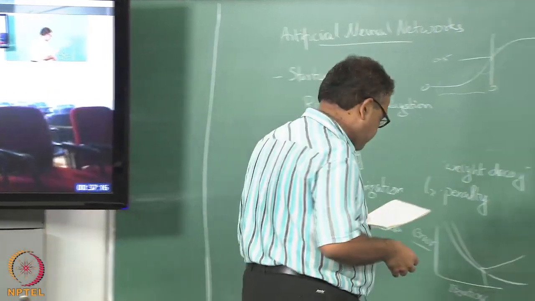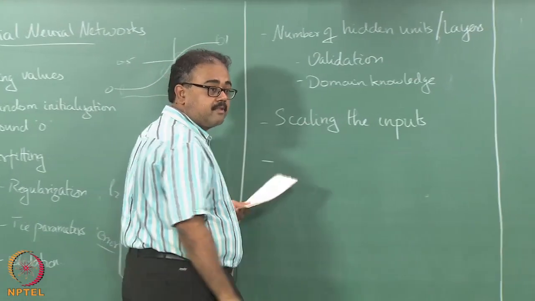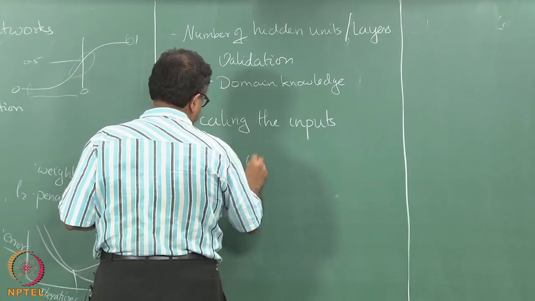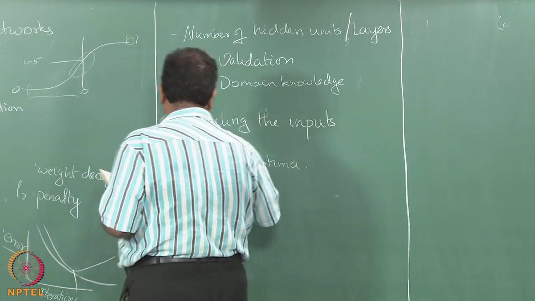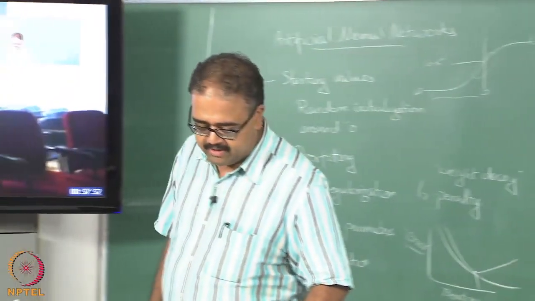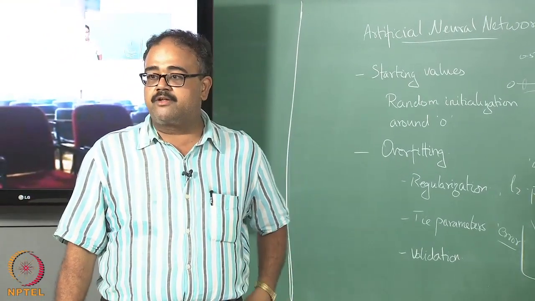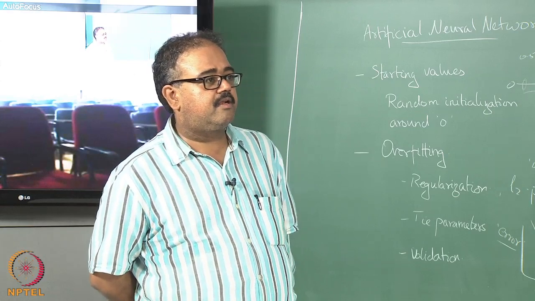If you do not scale the inputs, sometimes the performance can be arbitrarily bad. And this is a problem which SVMs do not have, and that is one of the reasons they became so much more popular than neural networks in the late 90s and early 2000s.